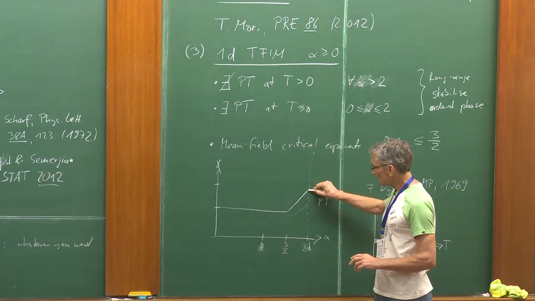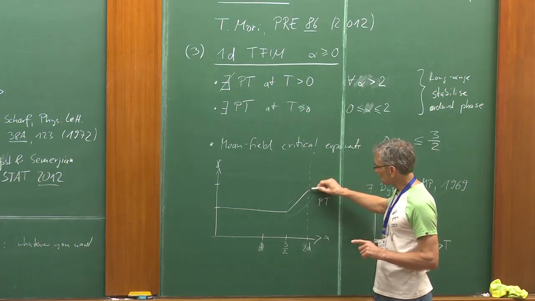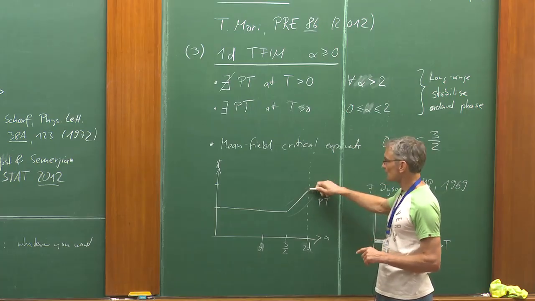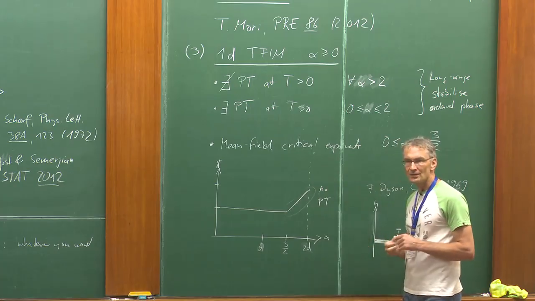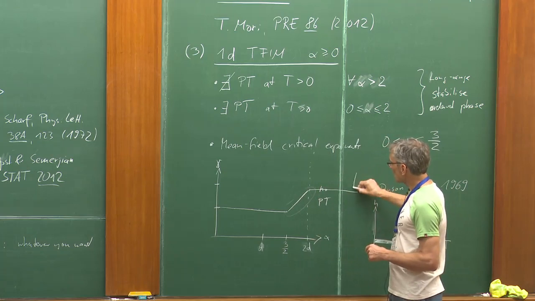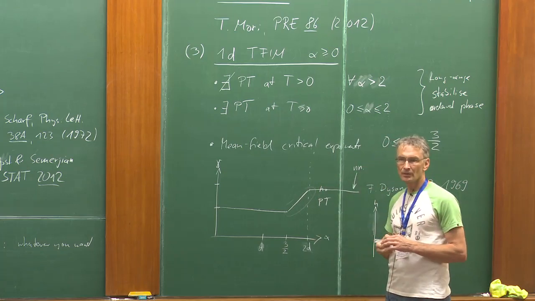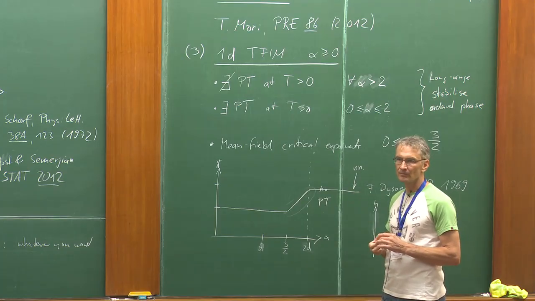At this point here, from then on, if we have a phase transition also at larger values of alpha, it will be constant again. And this will be the values of the nearest neighbor model, the critical exponents of the nearest neighbor model.